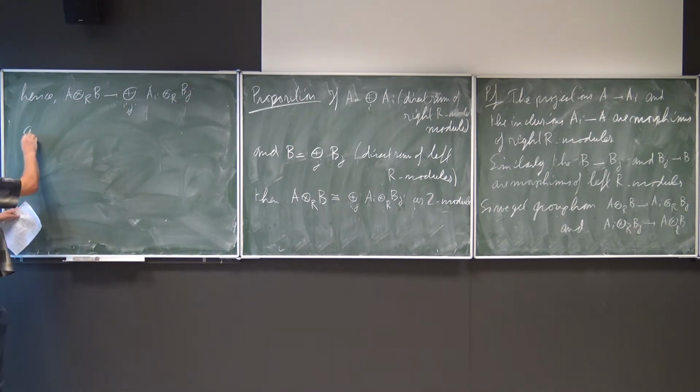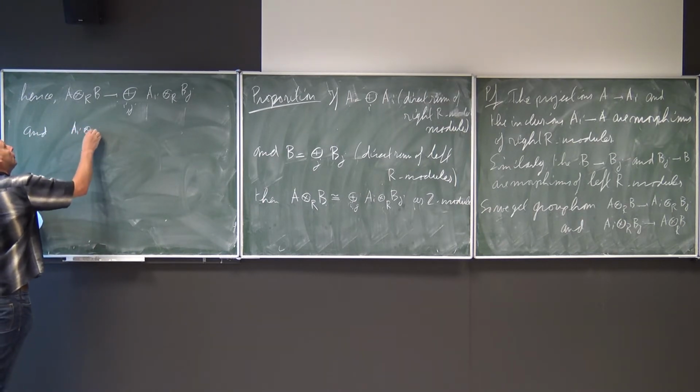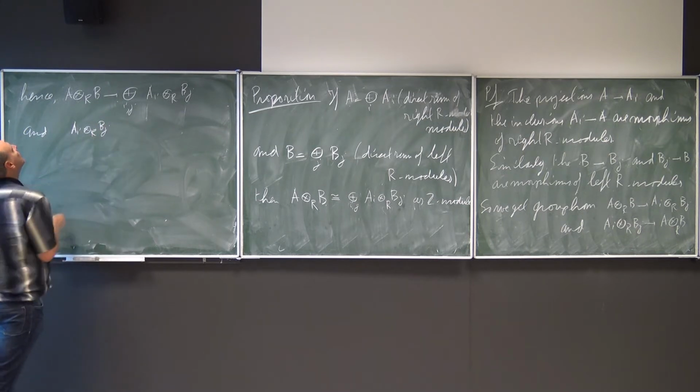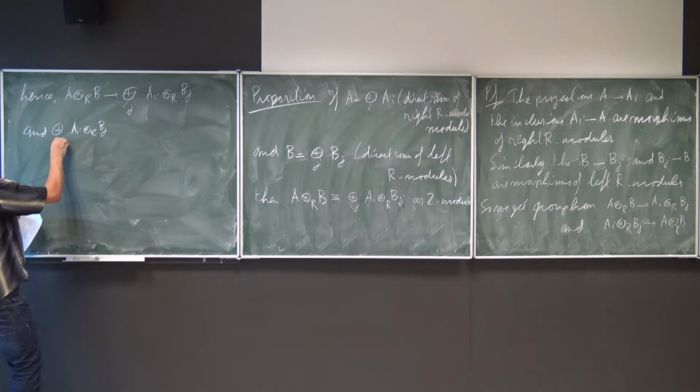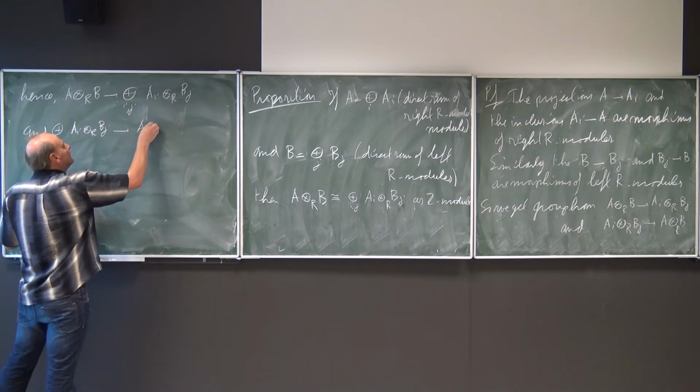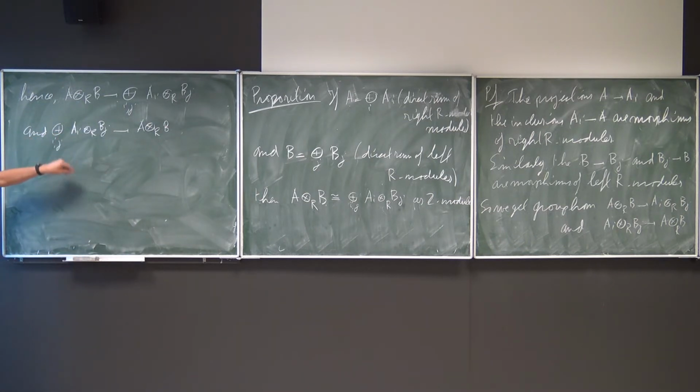And also the converse. Here, if I take A_i tensor over R with B_j, I'm going to be forced to take a direct sum, and this is just basically the sum map. I take every component here and put it in there.